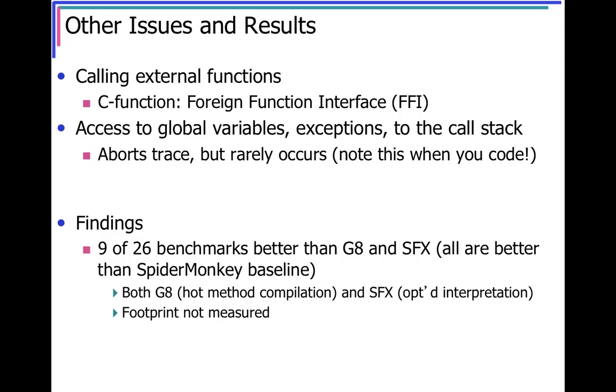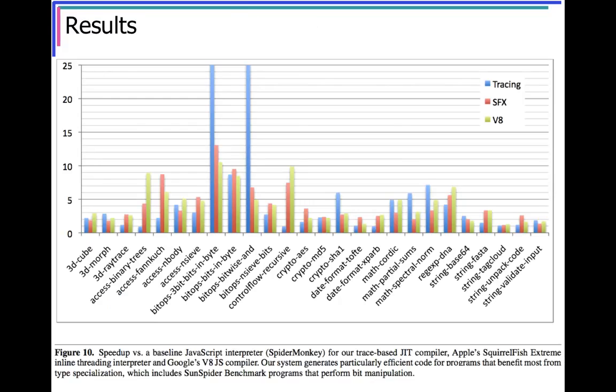They don't measure footprint, so we don't know how big the runtime has grown because we're using compilation. But I assume that it's going to be quite big given the difference in size between JavaScript and native code. It just depends on how much they're keeping in their code cache. Here are some of the results.